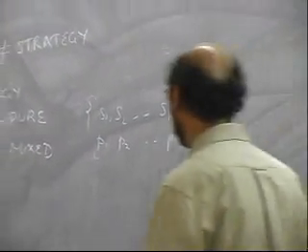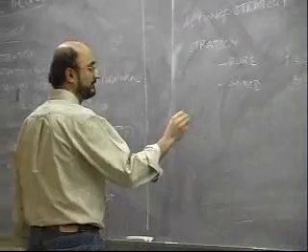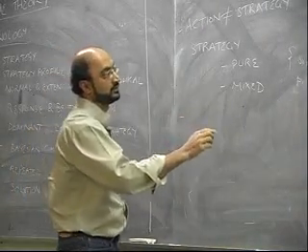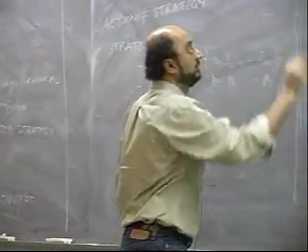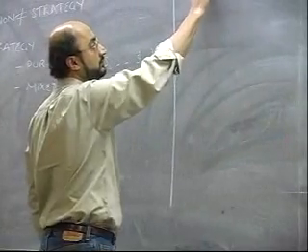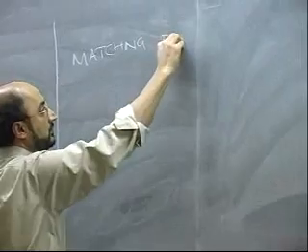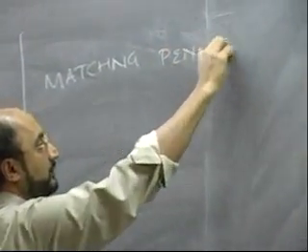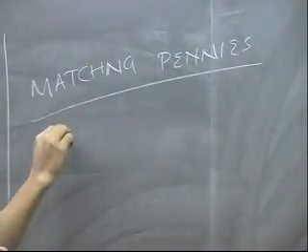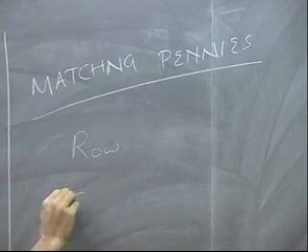And we talked about this game called matching pennies. Just an example. You have two pennies, and you have two players, row and column.